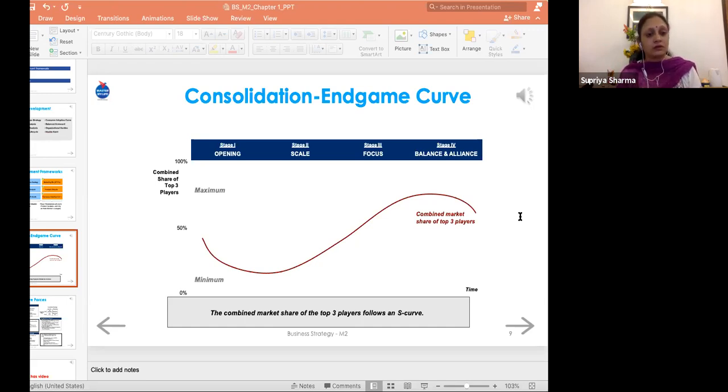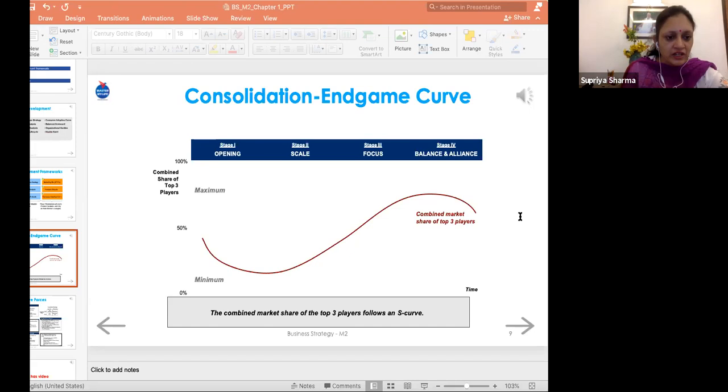And of course, perfecting their acquisition skills, because it's a building up phase. I would like to acquire more and more skills which will be able to better my product or service. That is precisely what I want at this point of time, and this is key to my success in the next two stages of consolidation.